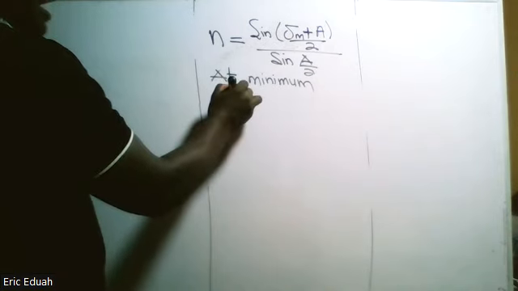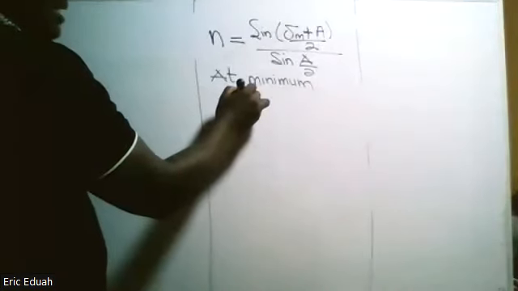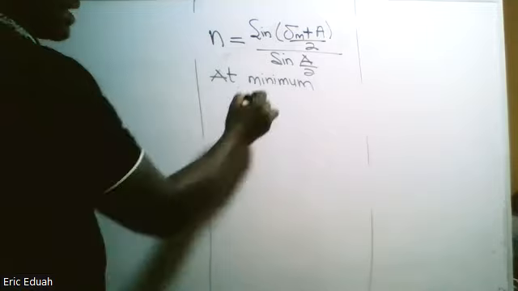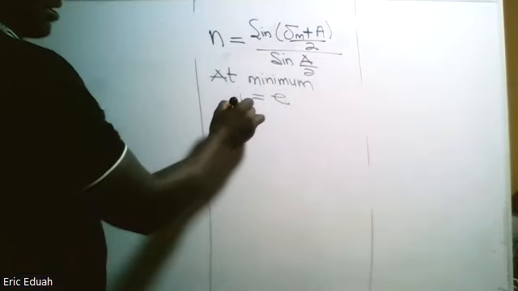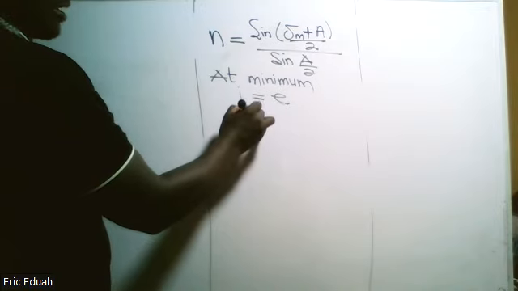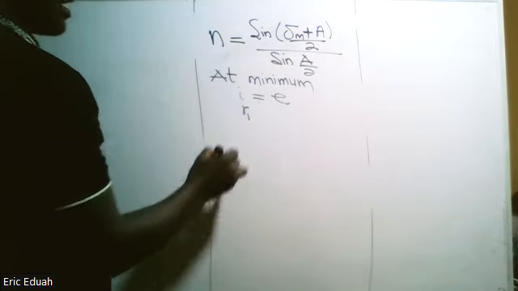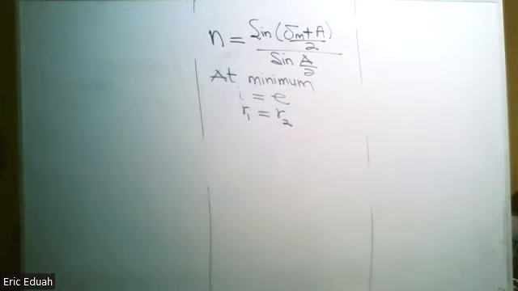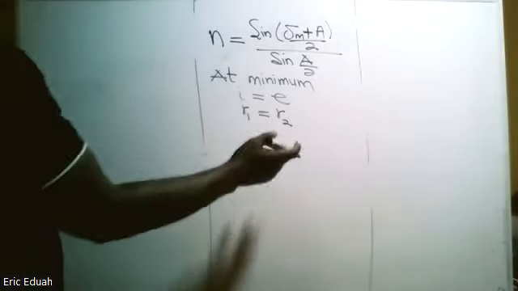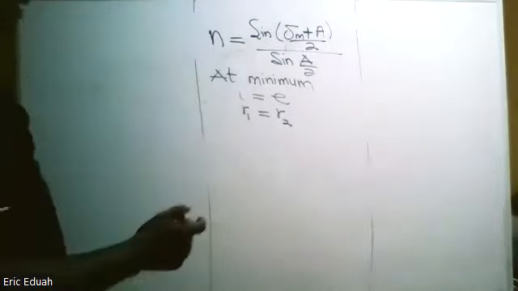Now, at minimum deviation, we realize that the angle of incidence equals the angle of emergence. Okay. The angle of refraction 1 is equal to angle of refraction 2. And these were the considerations before we got this.